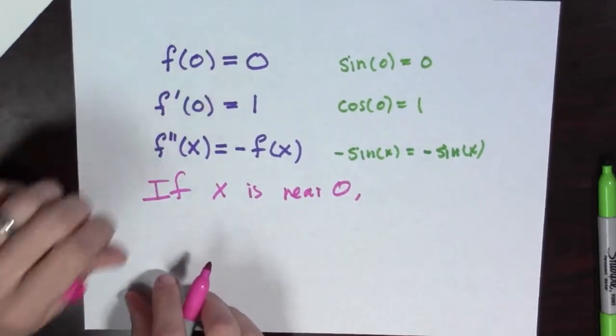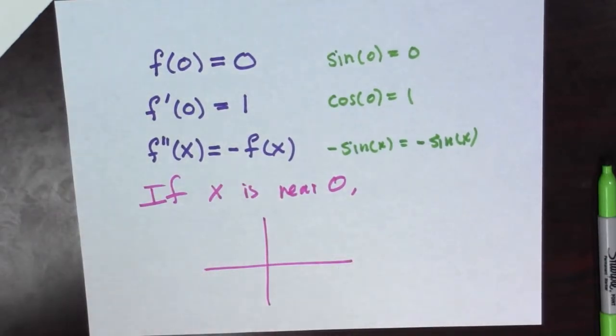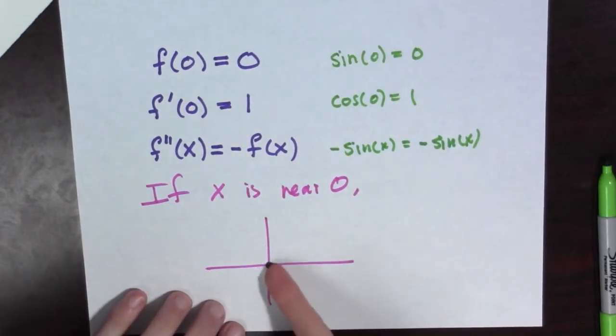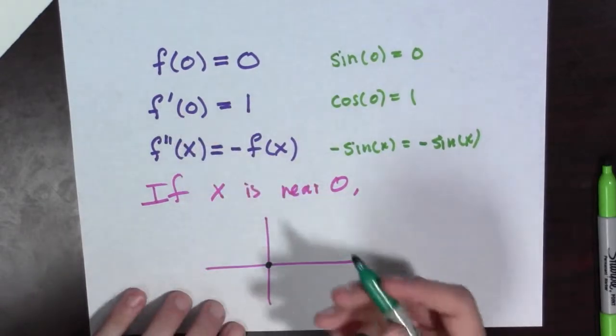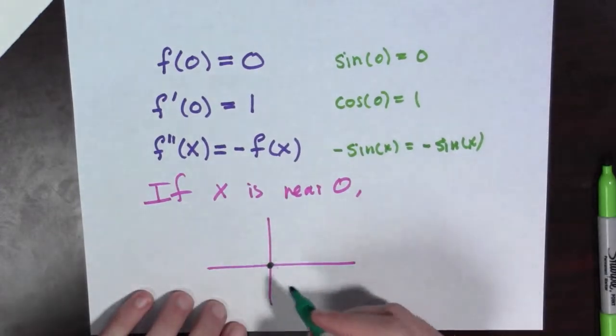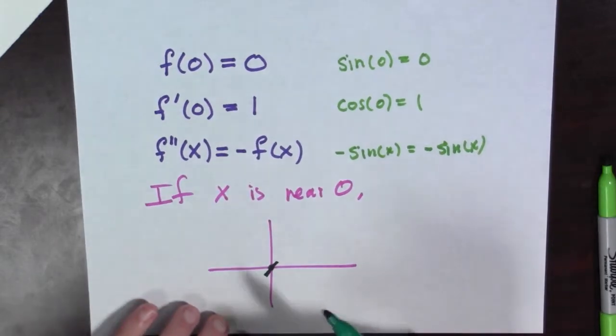It starts off, think about plotting this curve. F of 0 is near 0. This is sine. Sine of 0 is near 0. There it is. So if x is near 0, we've got to be close. F prime is 1. What's the derivative of x? The derivative of x is also 1. So sine and x are kind of going in the same direction.